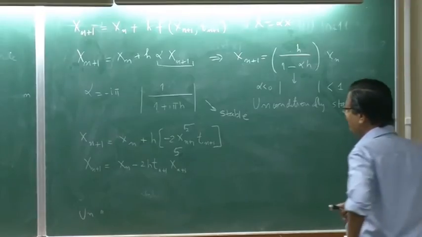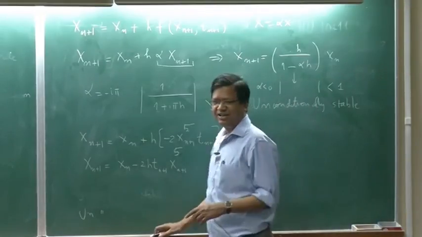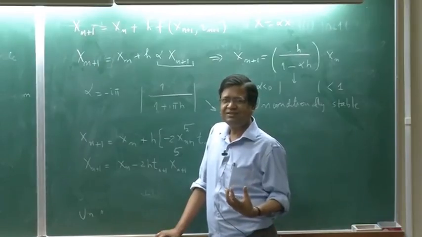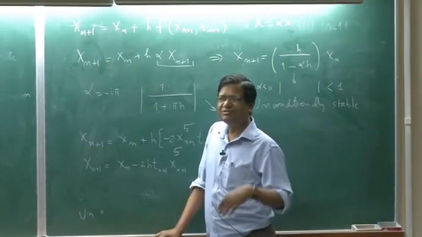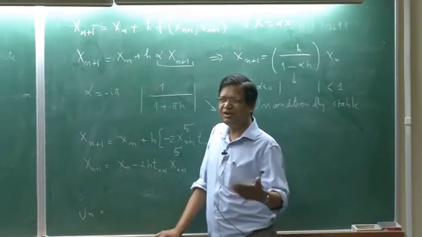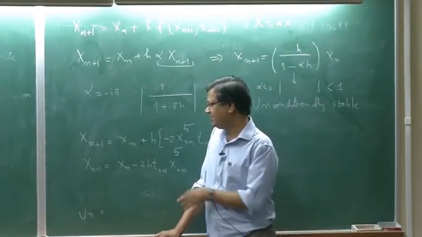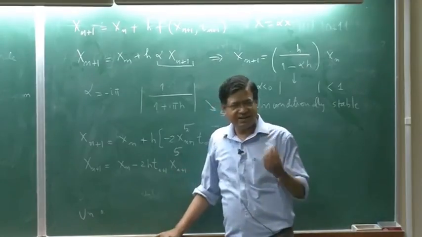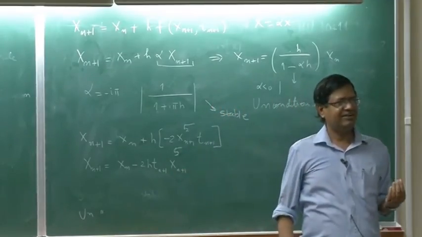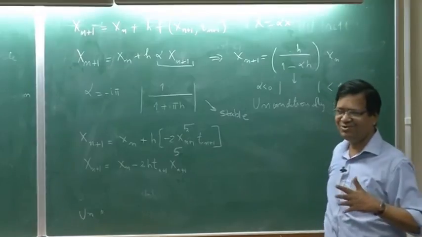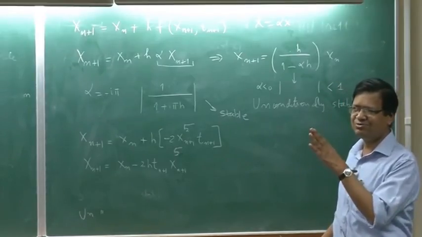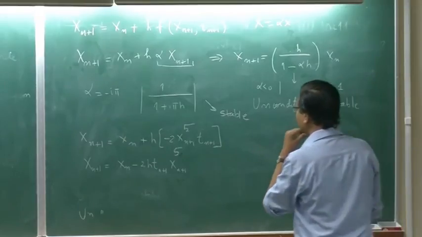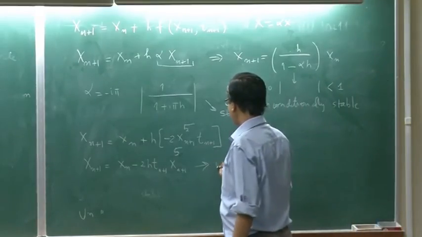You can iterate it by trial solution. This is called Newton's method. I am not sure you have done it in your earlier classes. It is one of the iterative schemes where you start with some guess and you iterate and reach the solution. Of course, you have to choose a right guess and right scheme. If you don't, you may run away to a wrong region. So these are solved by iterative schemes.